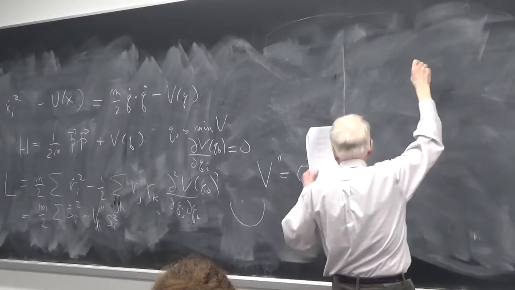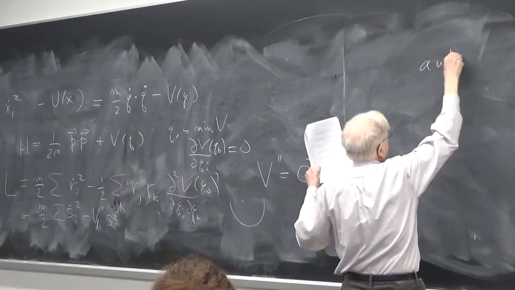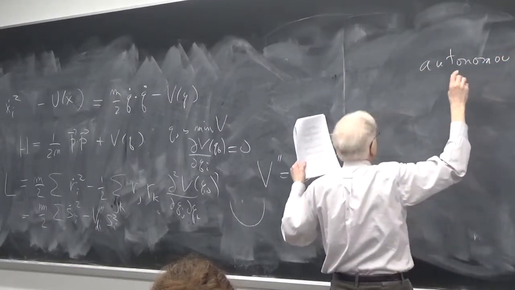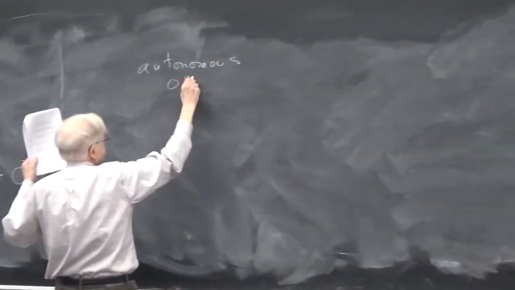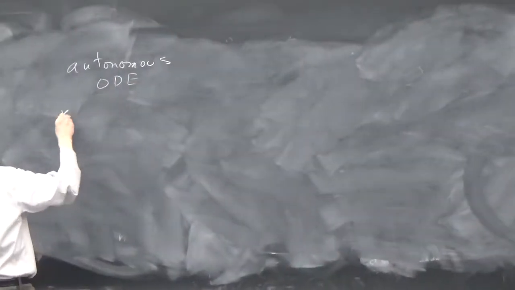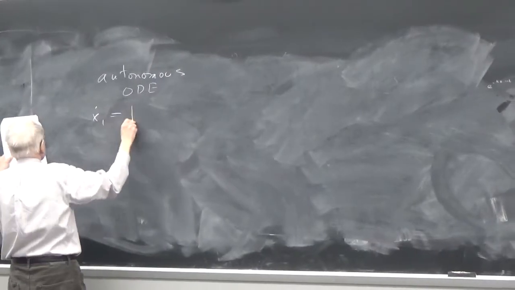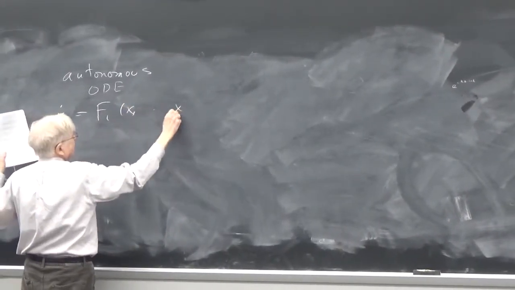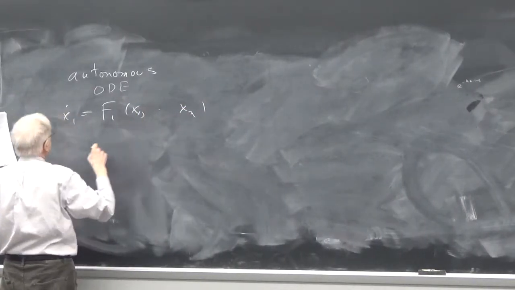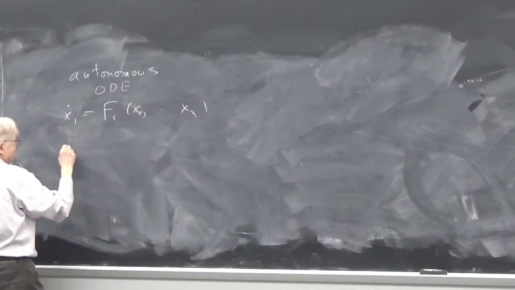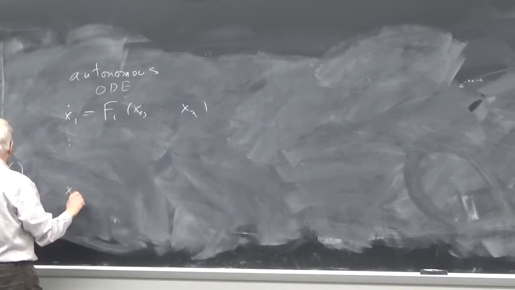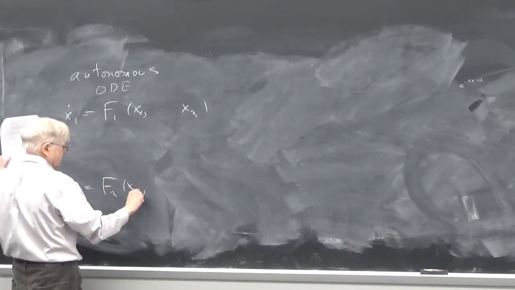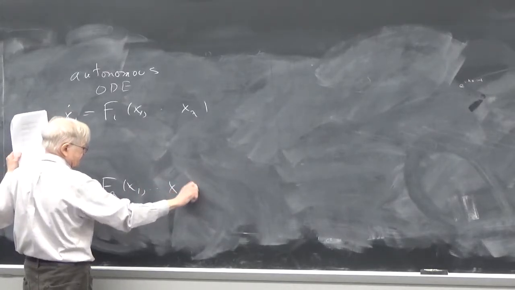Let's look at an autonomous system. A system of first order ODEs looks like this. x1 dot is f1 of x1 through xn, and so on, xn dot is fn of x1 through xn.